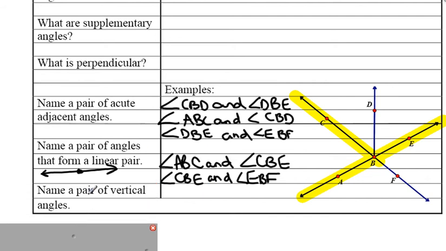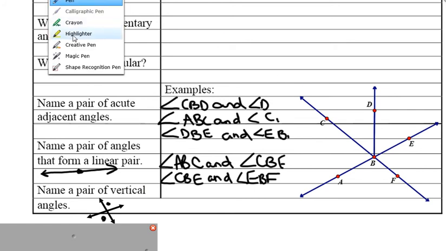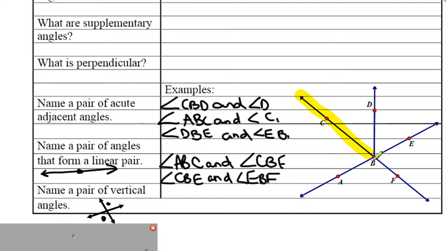And then a pair of vertical angles. Vertical angles are formed by two straight lines, and they are directly across from each other. They are non-adjacent. They do not share a common side. So the only pair of vertical angles that we have, one straight line, two straight lines, so the pair would be angle CBA and EBF.